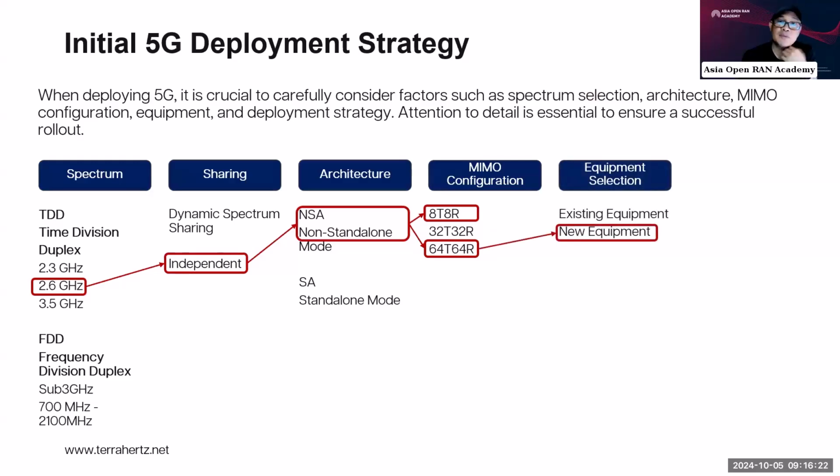So is the equipment of your current network already capable of 5G? If not, you need to buy new equipment. You need to invest in new equipment. So do you need to buy new equipment? And then what is that equipment's configuration? Is it capable of what kind of configuration? Okay. So this needs a very critical decision, no?